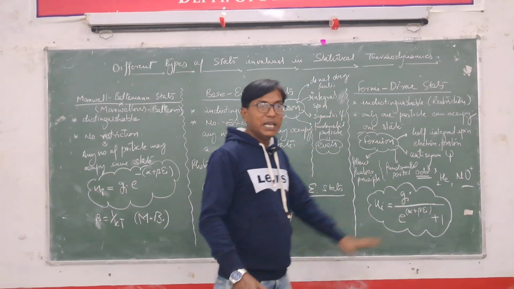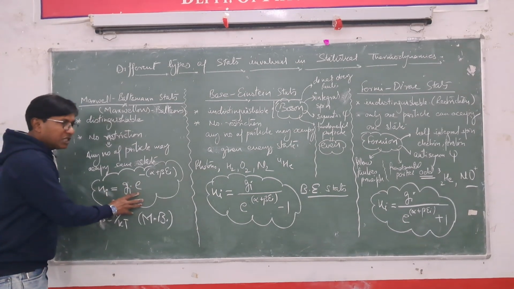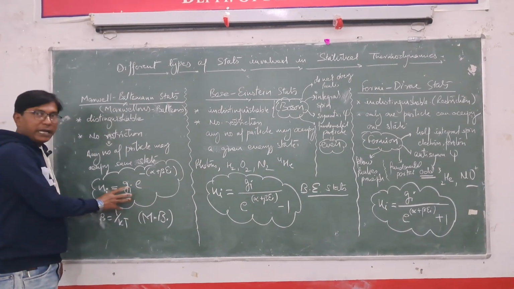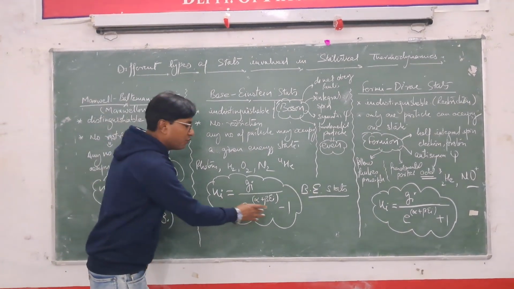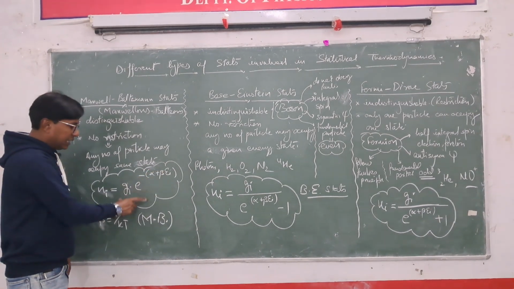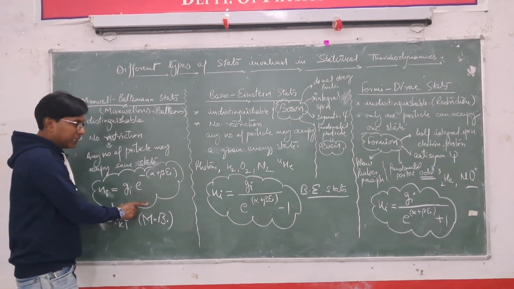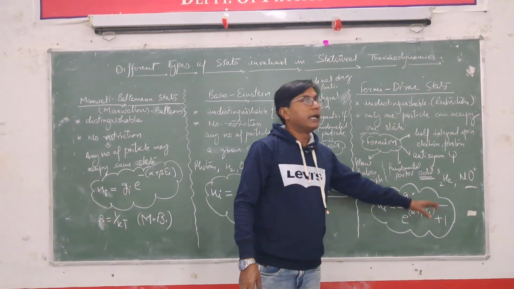So the major difference between these three stats: you have to remember the formula for the MB stat. The MB stat has e to the power alpha plus beta Ei in the denominator, with a minus 1 for B stats and a plus 1 for FD stats.